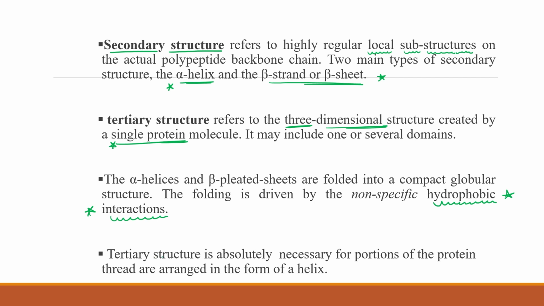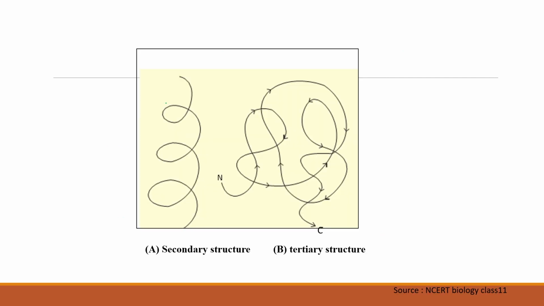Tertiary structure is absolutely necessary for the portions of protein thread arranged in the form of helix. So this one is the secondary structure. Again recoiling of this secondary structure will form tertiary structure, and in this tertiary structure both the types, alpha helix and beta pleated sheet, are there. And what type of interaction is there?